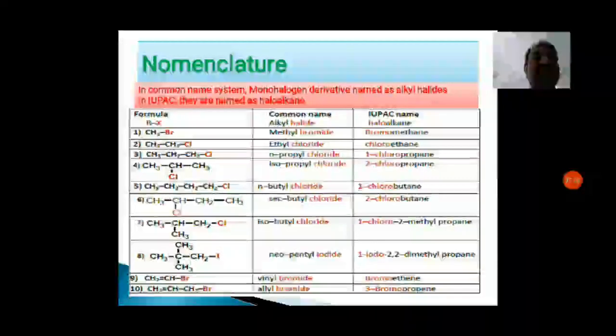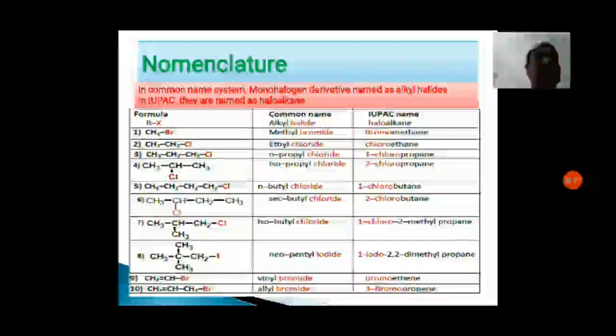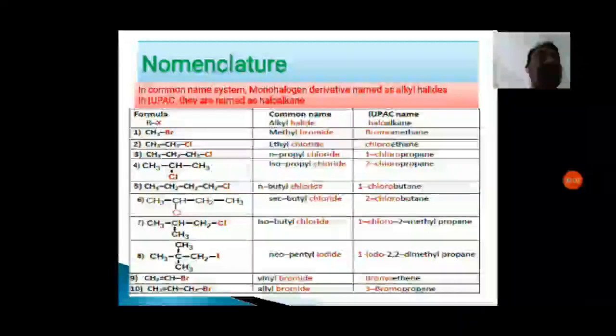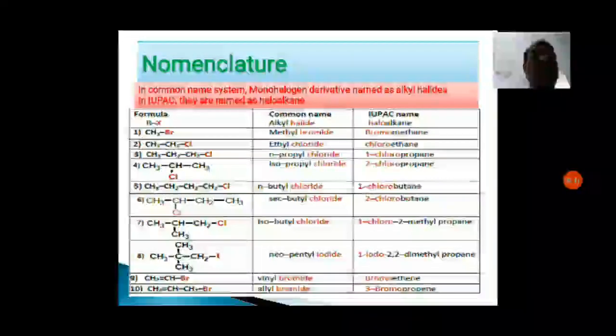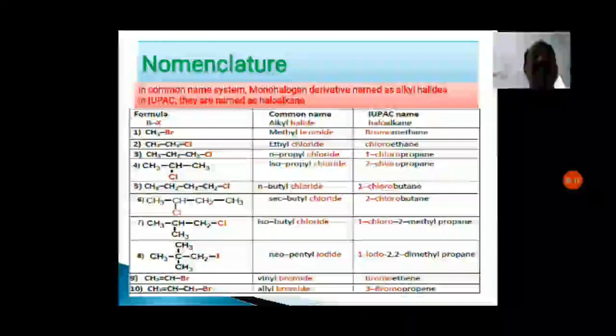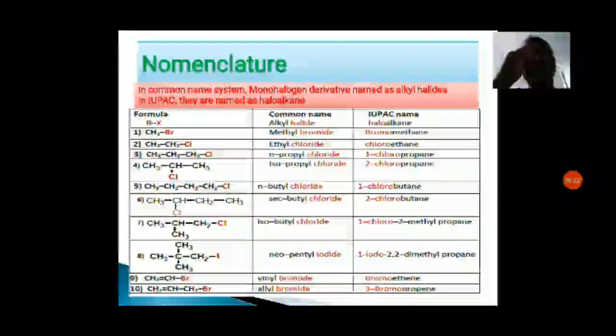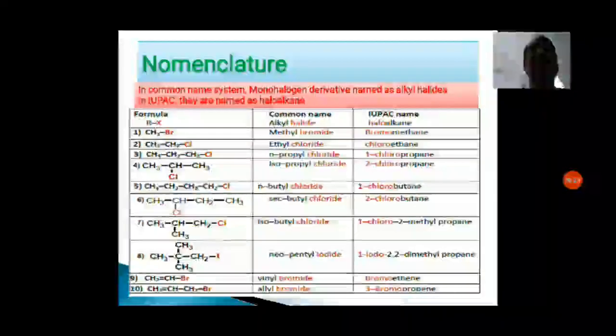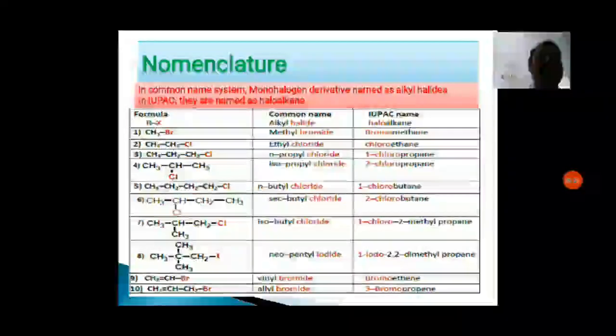In IUPAC, while writing the name, it is a branched chain, therefore we have to number this chain. Consider the longest chain. This chain is of 3 carbon atoms, therefore its corresponding alkane is propane. We have written propane here, and this chlorine atom is attached to the second carbon atom. We can start the numbering from any end in such a way that the halogen atom, or the substituent, is nearest to the starting carbon atom.